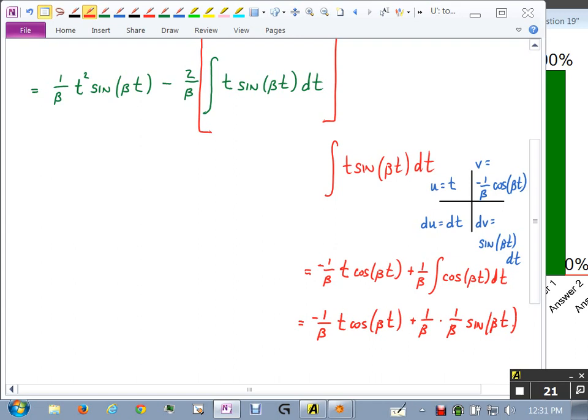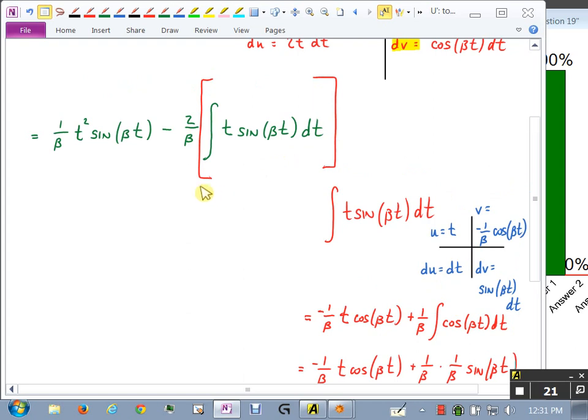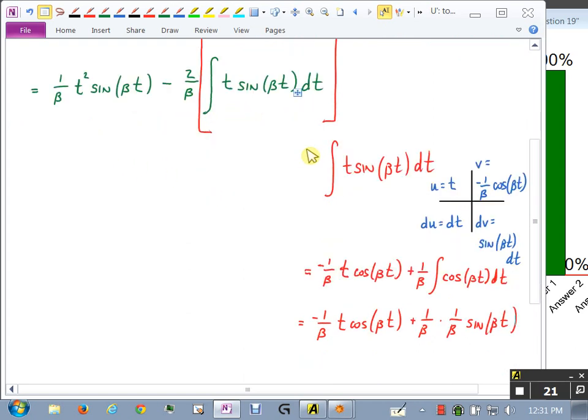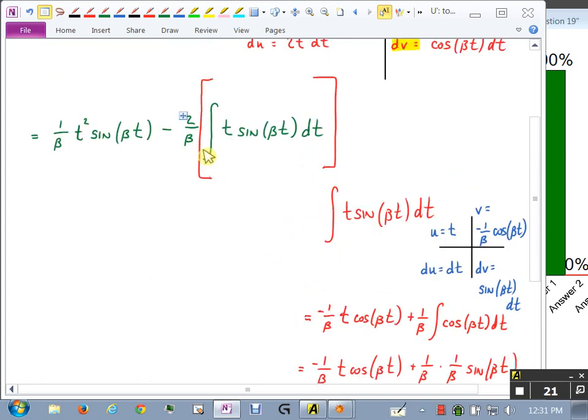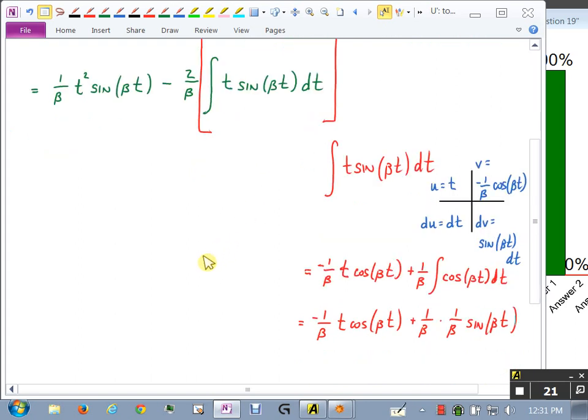That's just the red part, right? That's just this right here. So what I need to do is rewrite this right here. Everything in this bracket gets replaced with everything here. And this negative 2 over beta gets distributed, doesn't it? Okay. That's right.